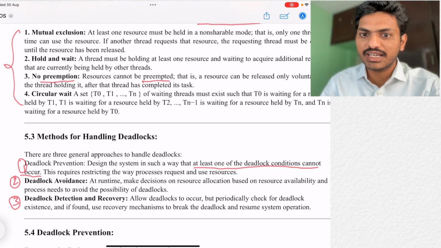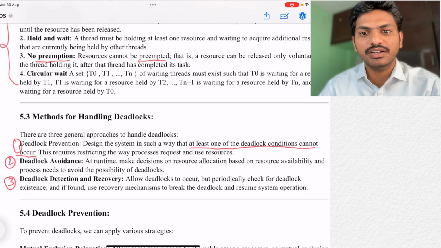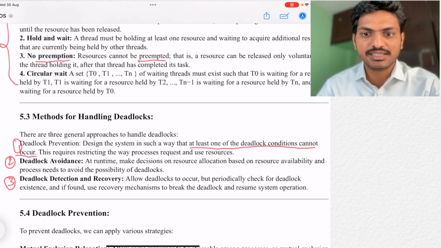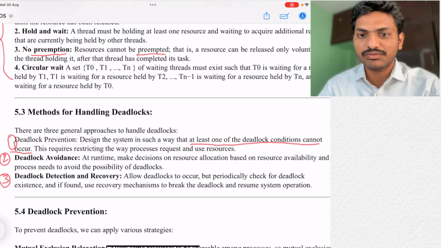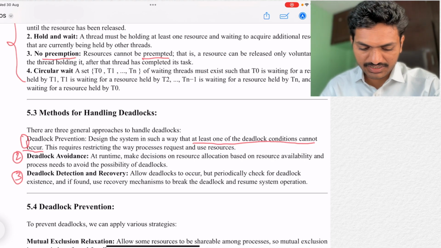Why are we targeting at least one? Because for deadlock to happen, these four conditions must happen simultaneously. If only three conditions are satisfied, there is no deadlock. So we will try in the system that at least one of these conditions should not occur.